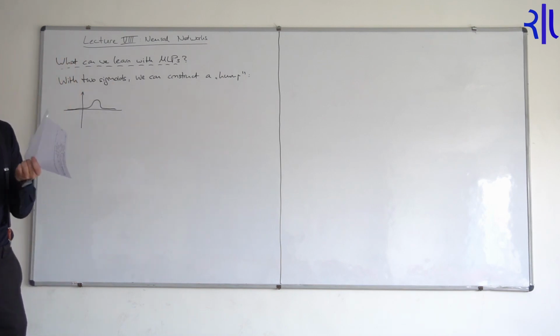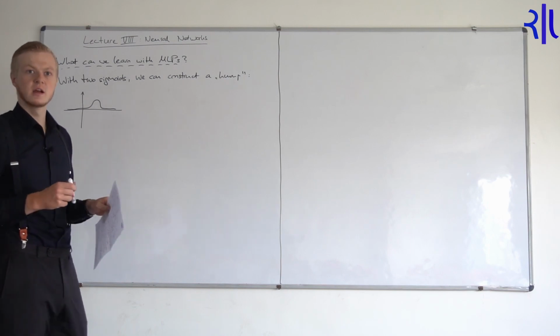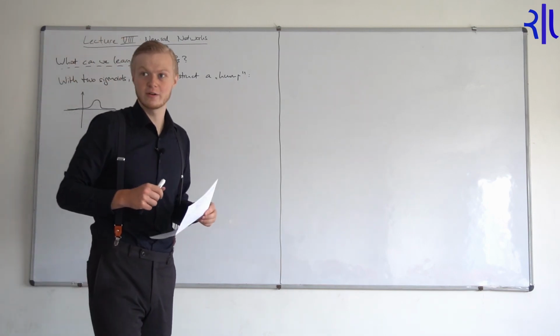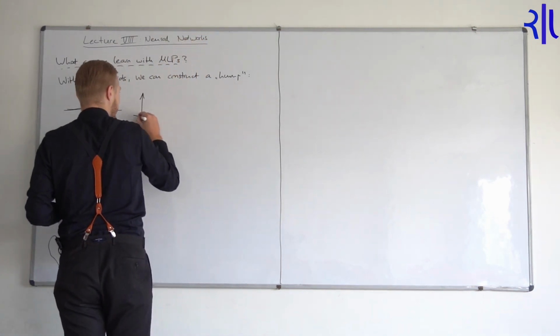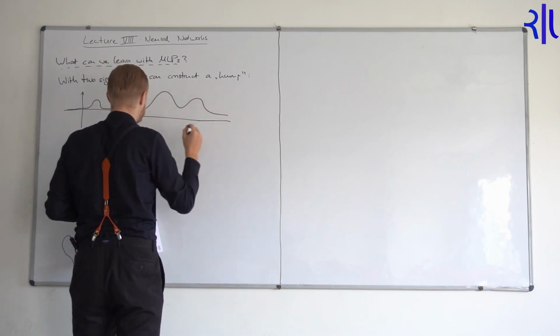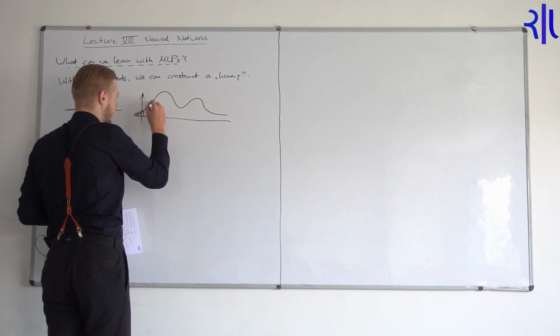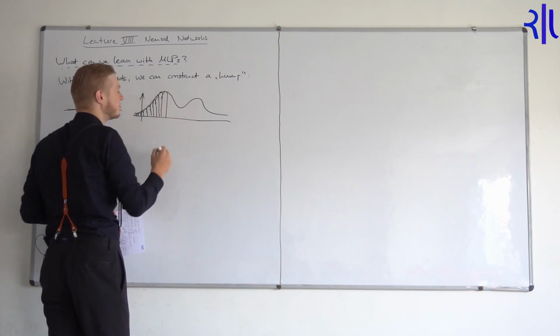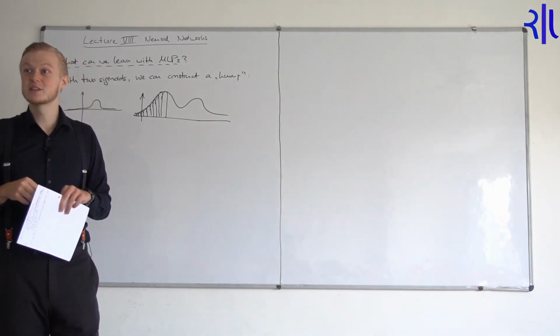So when we have such a hump, by using many of these humps, we can approximate any graph. So we have this graph here, and what we do is we use many of those humps to build that graph, and we just have to add them.